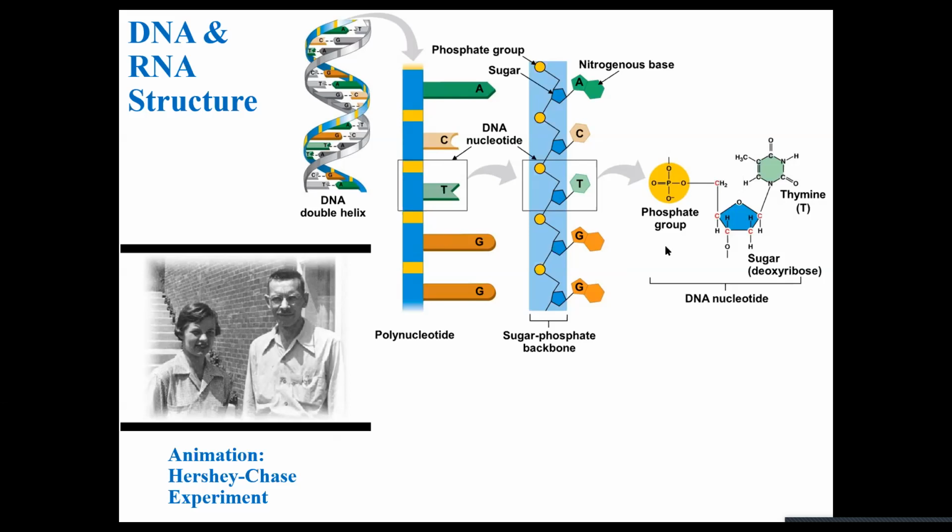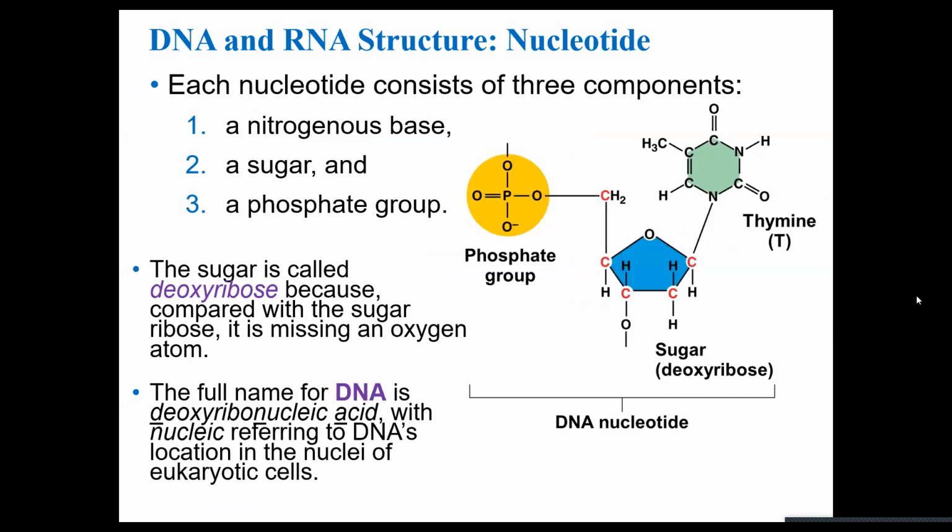So just to reiterate, one complete DNA nucleotide consists of a phosphate group, a sugar, and then the nitrogenous base. That's an entire DNA nucleotide. And that's exactly what this slide says right here. It's a nitrogenous base, sugar, and a phosphate group, right? And this is the nitrogenous base right here. Now the sugar, of course, like I mentioned, is called deoxyribose, and we give the full name deoxyribonucleic acid.